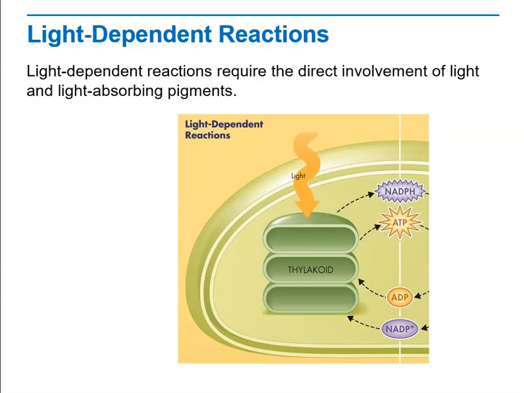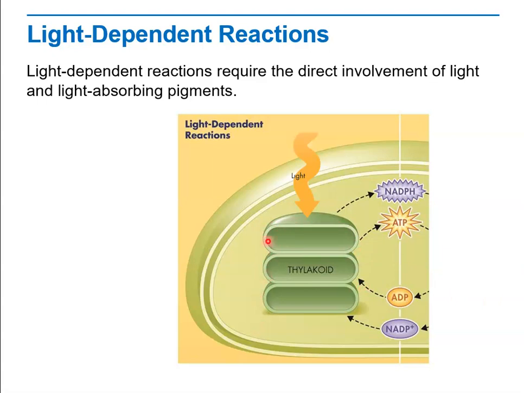The light-dependent reactions use energy from sunlight to produce energy-rich compounds, such as ATP. Those reactions take place within the thylakoids, specifically within the thylakoid membranes, these outer layers of the thylakoids.